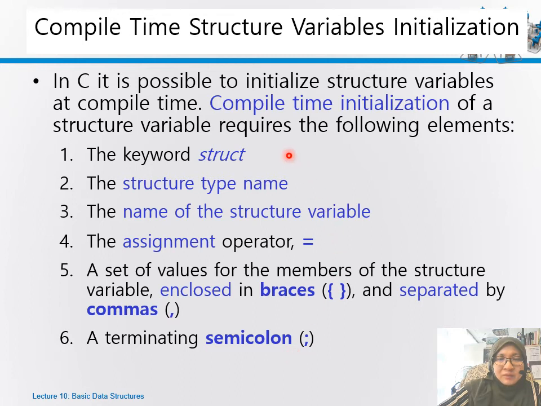Remember, you need the keyword struct, the structure type name, the name of the structure variable is not compulsory, and you have the assignment operator equal to. You enclose with curly braces, separated with commas, and lastly you need to terminate it with a semicolon.